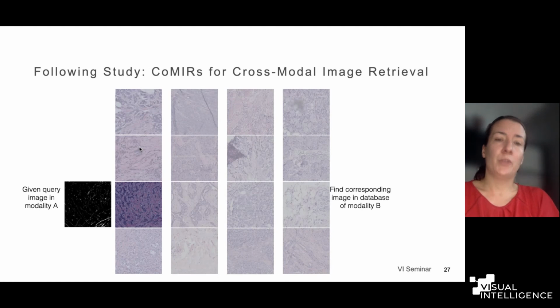We have also used these Comirs for cross-modal image retrieval. So when you have an entire data set of, for example, these bright field images, and you're given one query in the other modality, and you try to find the match within that database. This would be that one in this case.